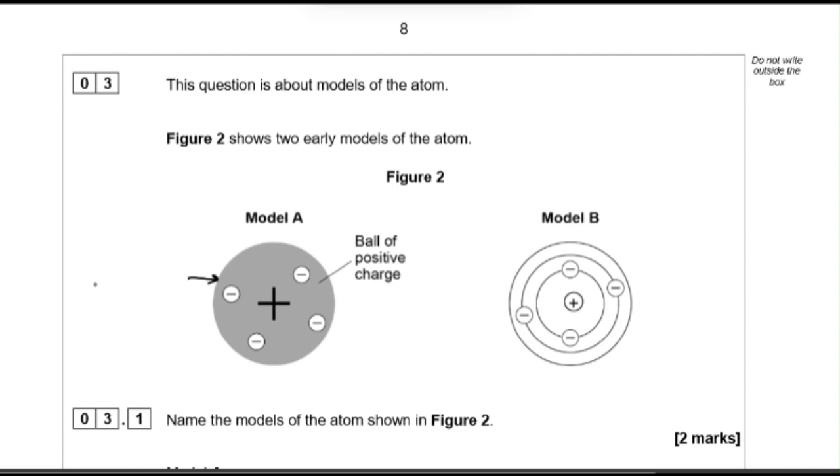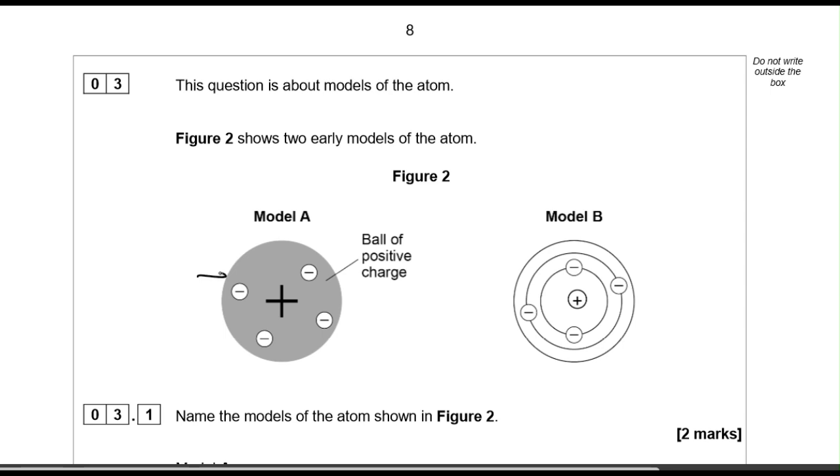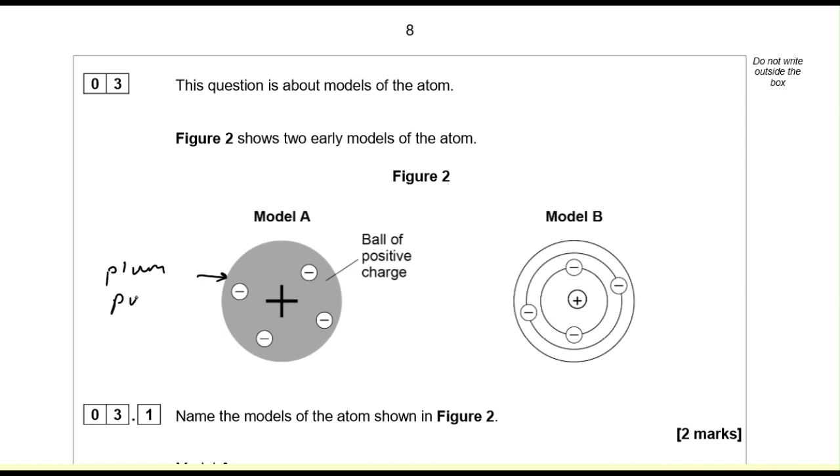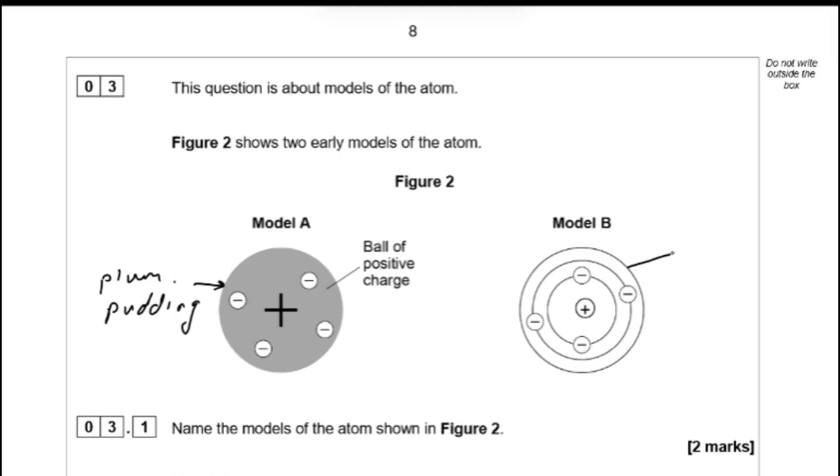So model A, we've got this ball of positive charge, and then within this positive charge we've got these little negative charges. Now this is reminiscent, and you will know from your work on the history of the atom that this is the plum pudding model. Now if we look at model B, this is more reminiscent of what we think of as the atom nowadays.